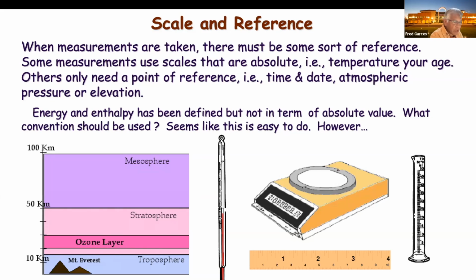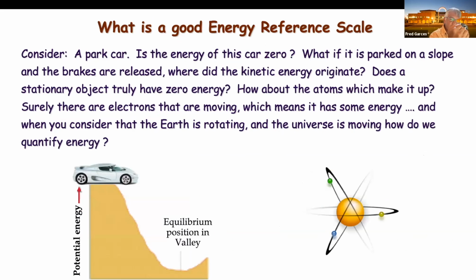When we measure something, then we generally have a scale. When we measure energy, do we have an absolute scale or a relative scale? Take, for example, this car sitting on the road. We can say that it's not moving, the engine's not started, so it must have zero energy.